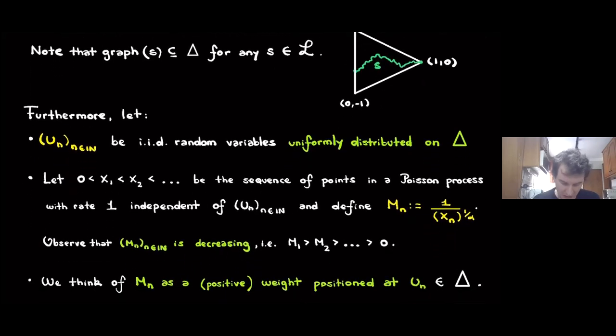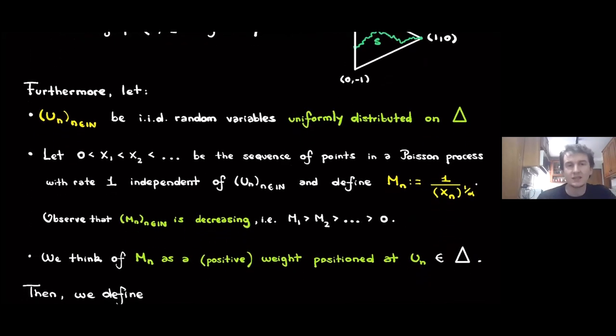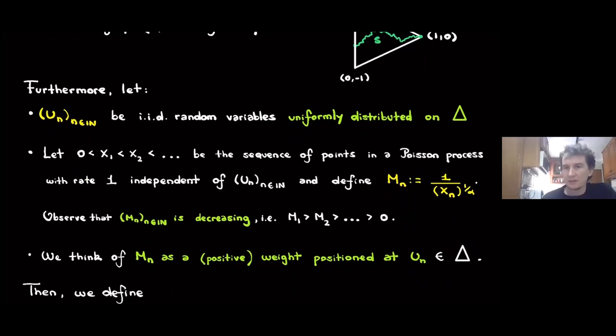Now that I defined this set of paths and my triangle delta, I want to define two sequences of random variables. One is going to be Un and the other one is going to be Mn, as follows. Un is just an IID sequence of random variables uniformly distributed on the triangle delta, this triangle right here.